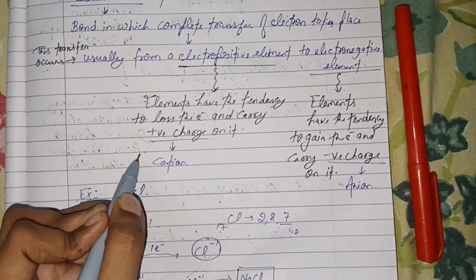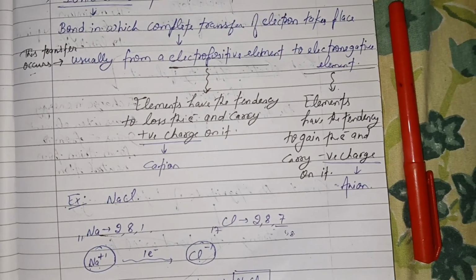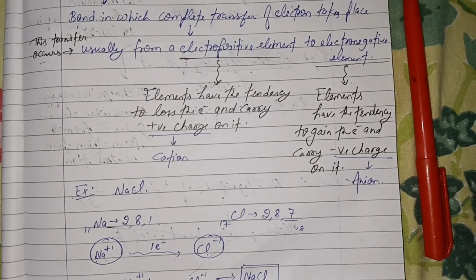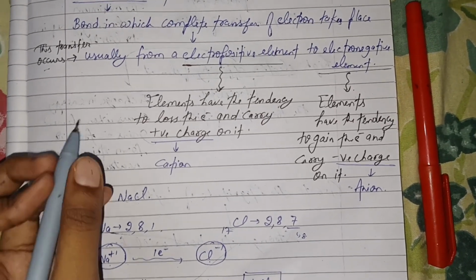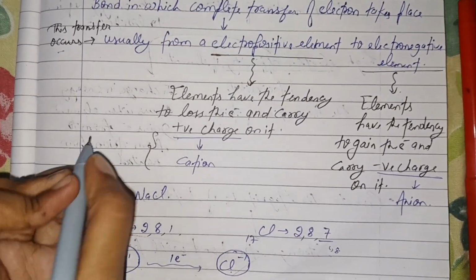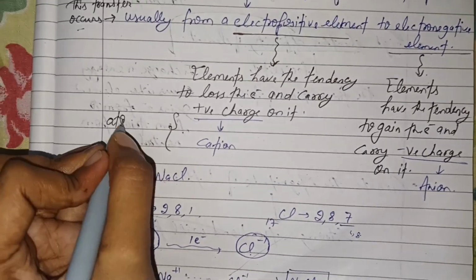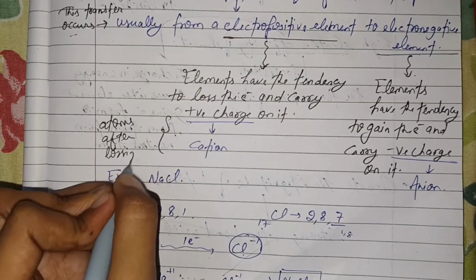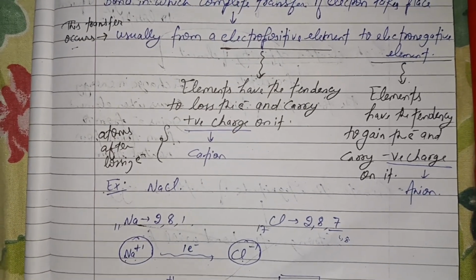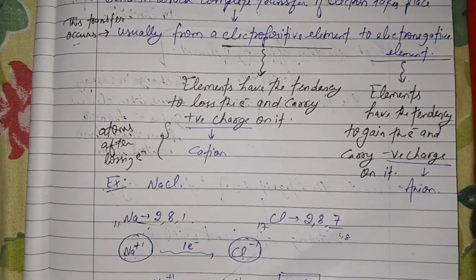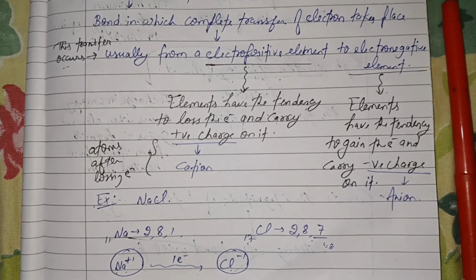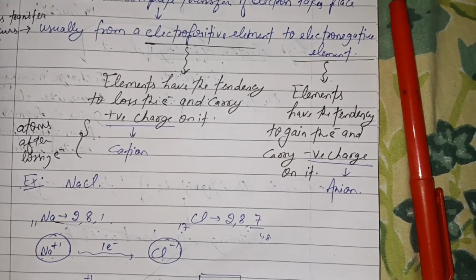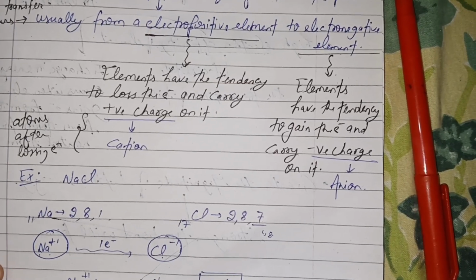And one more thing: when an atom loses electrons, a positive charge comes, an ion forms, and that ion is known as a cation. Similarly, after gaining electrons, an ion has a negative charge on it, and it is known as an anion.